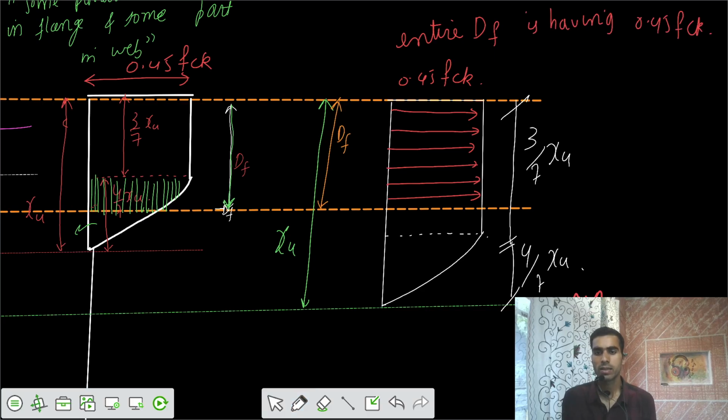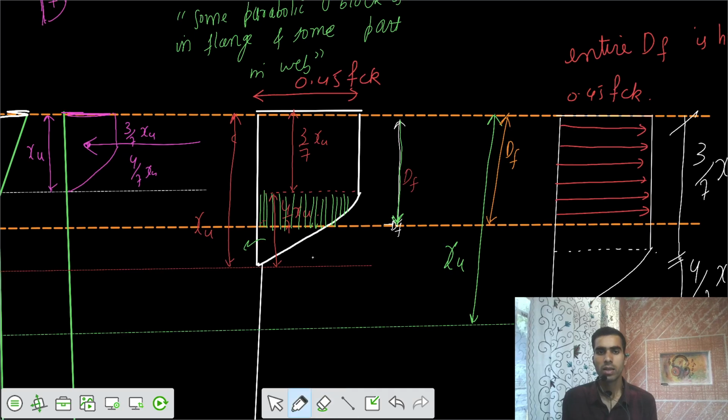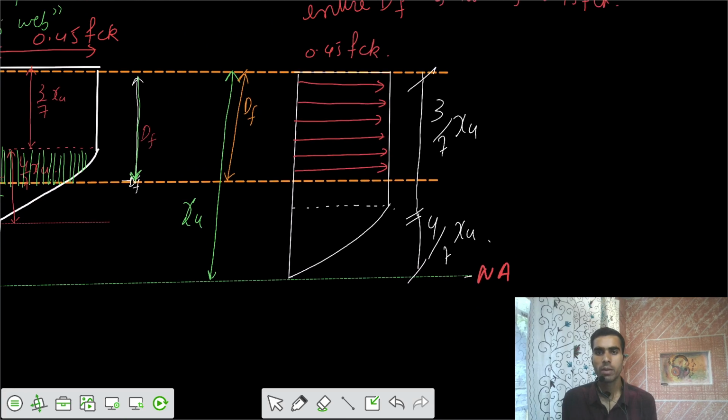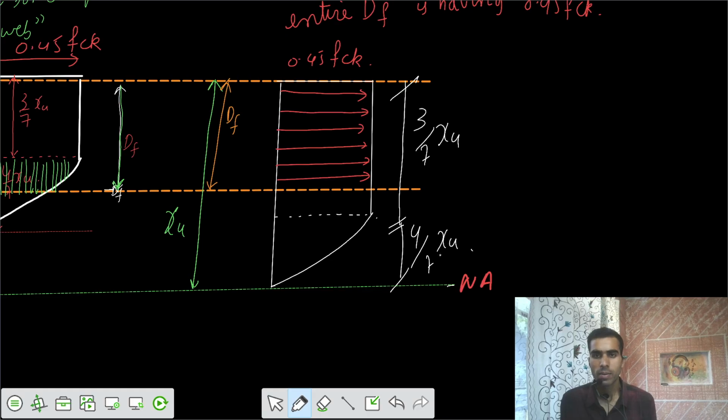But in the previous case, only 3/7 of XU is having constant stress. After that, some part of DF is having non-uniform stress variation in the form of parabolic nature. Can we say that? I think so. So here we can have 3/7 of XU more as compared to DF, because 3/7 of XU is below this DF line also.